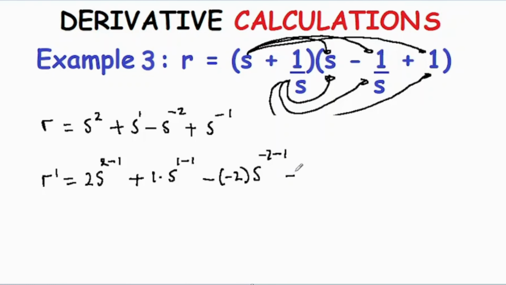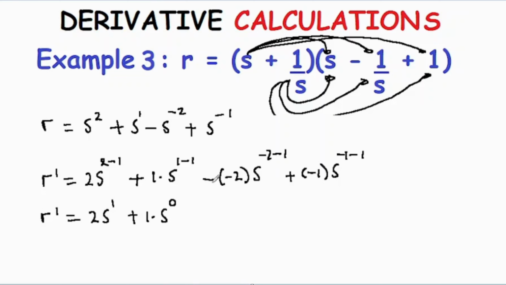Then the next term is negative 1. So negative 1 comes down, s raised to power negative 1 is the next term. Negative 1 comes down, we put that in parentheses. Then we have s raised to power negative 1, then we reduce that by 1. Alright, so we have r prime is equal to 2s, 2 minus 1, that's 1, plus 1 times s, 1 minus 1, that's 0.